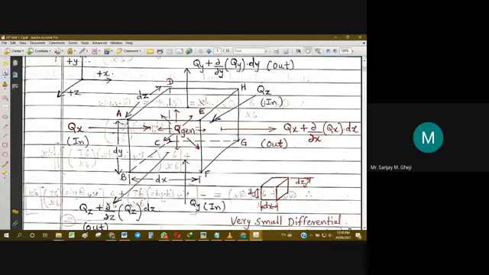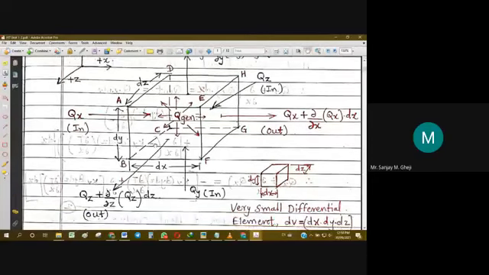So face ABCD will be treated as inlet, and face EFGH in the x direction is outlet. In the same way, in the horizontal plane, from the bottom heat is incoming, so face BCGF is inlet and the top plane ADHE is outlet, and the same can be applied for the z direction. So in the x direction, heat is incoming.